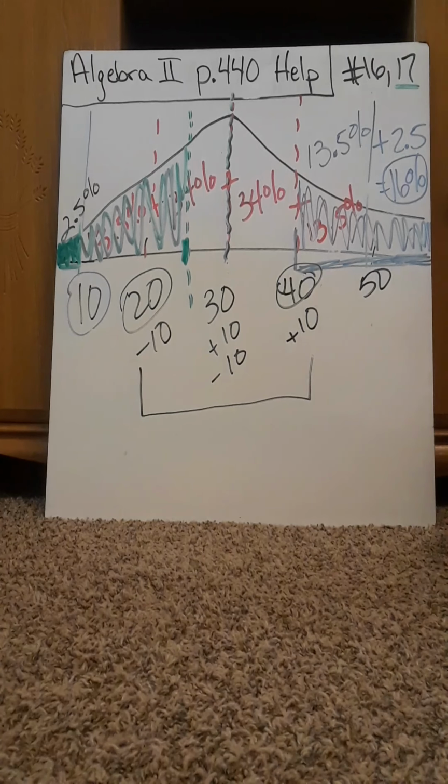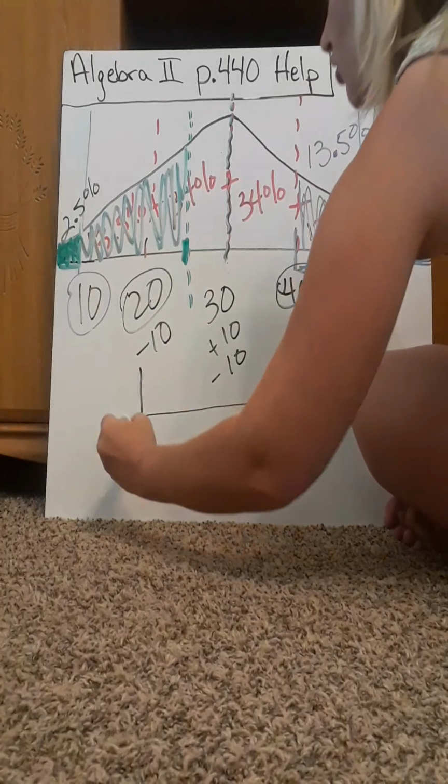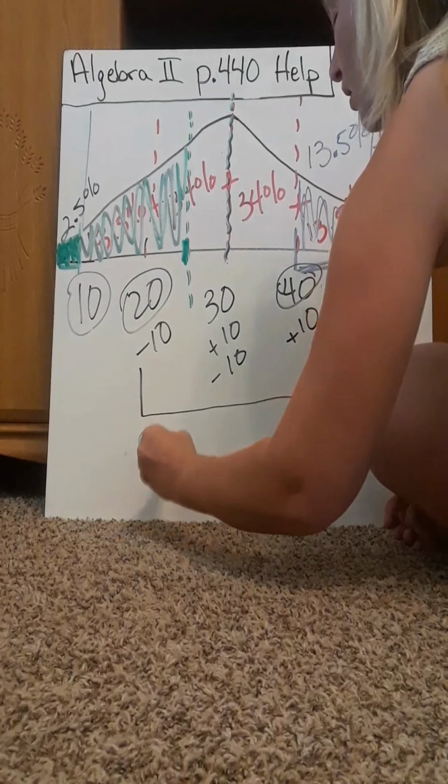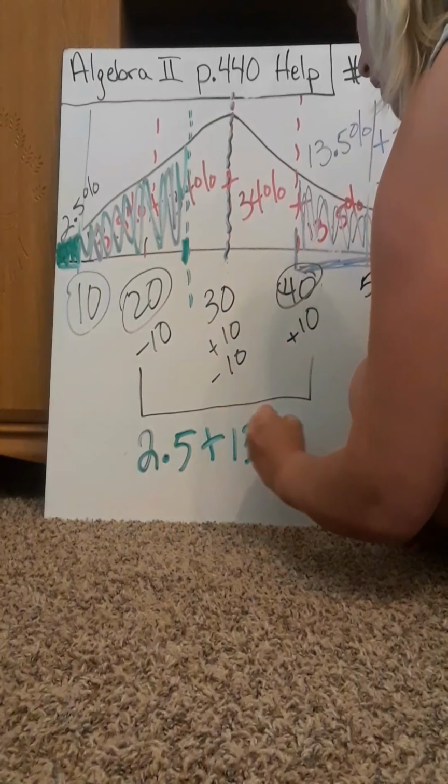If you didn't get the exact number of what I had on the answer, that's okay. Just make a good estimate. We know that we're going to include this 2.5% and this 13.5%.